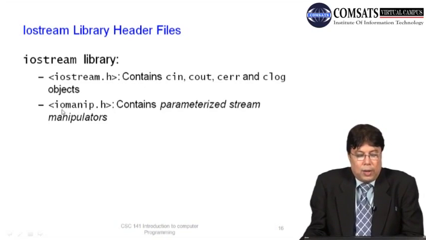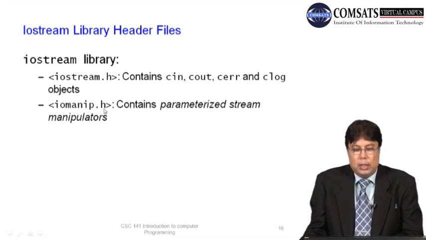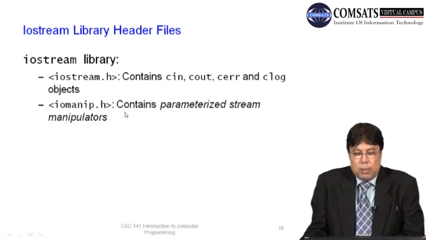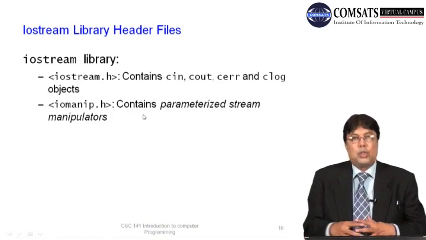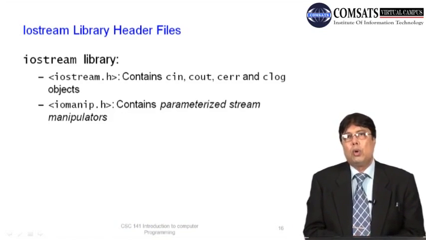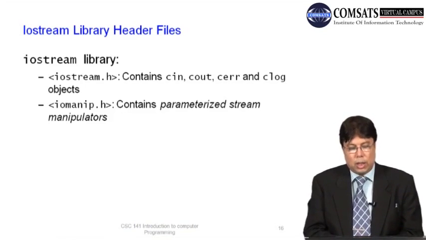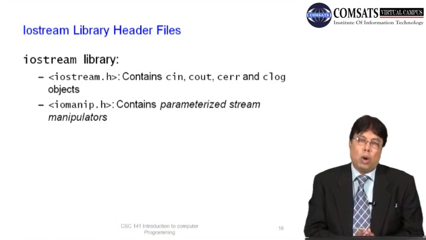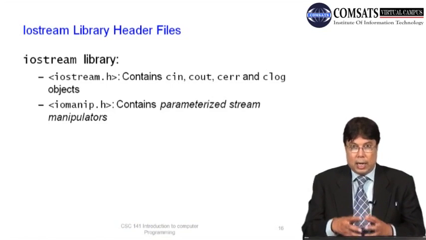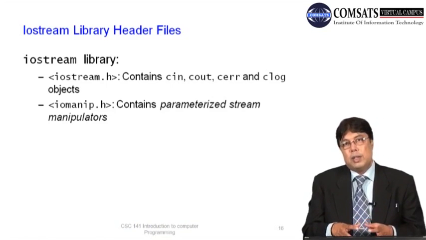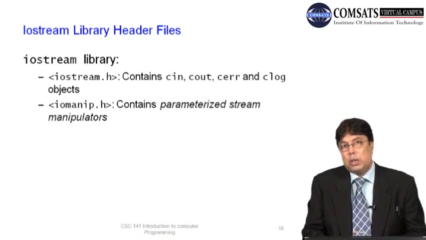Then you can have I/O manipulation. That I/O manipulation contains parameterized stream manipulators. Now, for most of the facilities that we will be discussing in this lecture, I will be giving you both options. One is considering the facility cin and cout as a member function, as an object also.